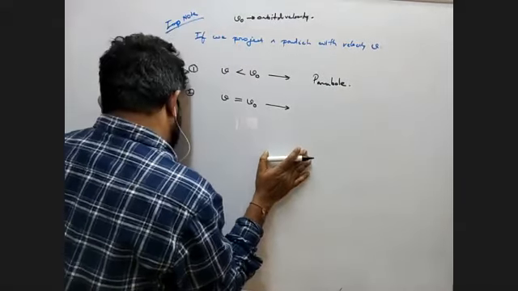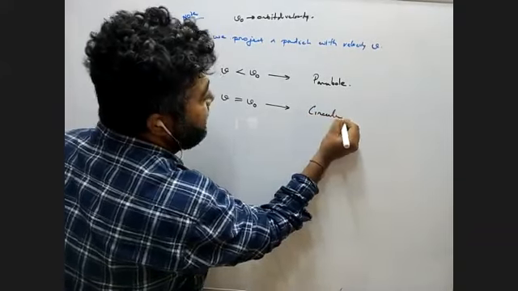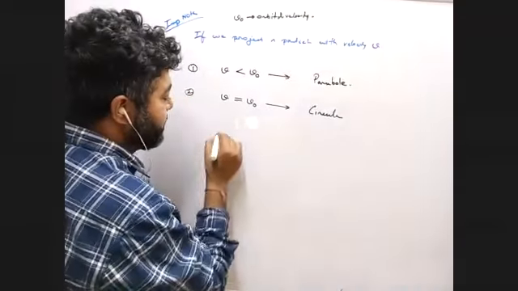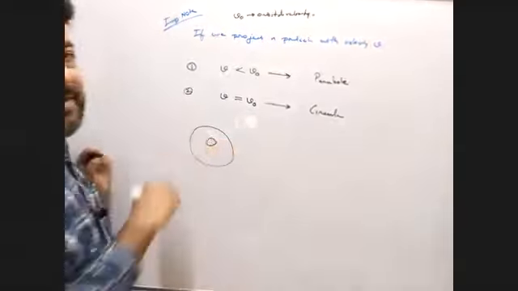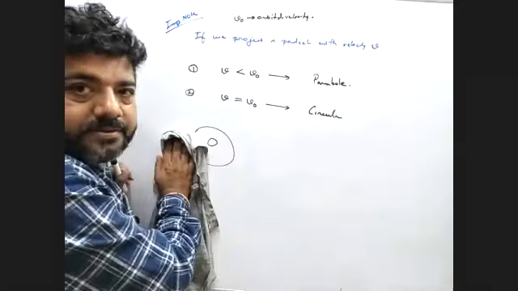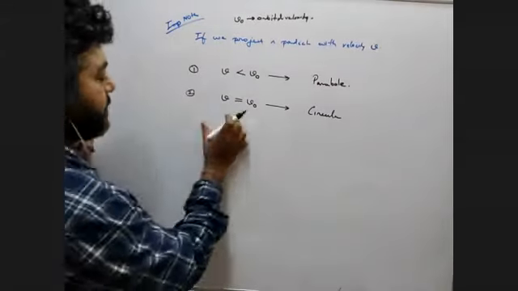Not linear, circular. Why circular? Because for orbital velocity, it is circular motion. Remember, Earth orbital velocity, circular track. Okay, everyone? Is it okay?